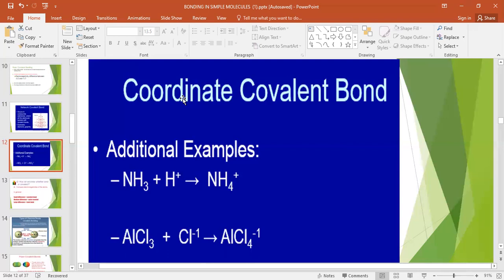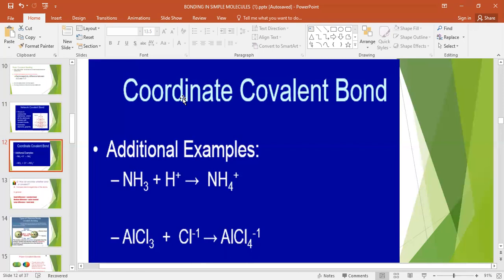Here they share a single electron, single electron here, single electron here. So we cannot call it a pair of electrons. But when one atom has shared a pair of electrons with another atom, as a result of sharing of electrons, we call it a coordinate bond or dative bond.